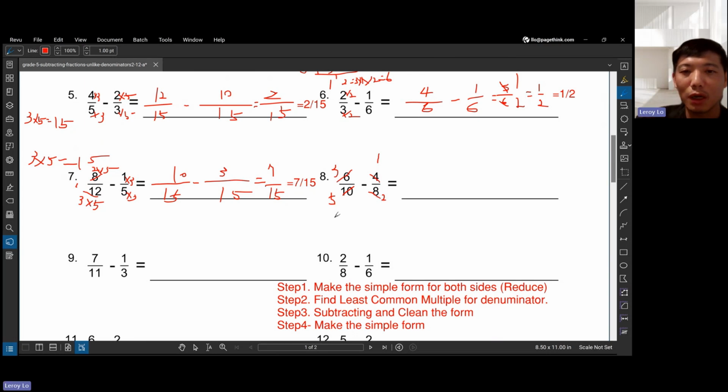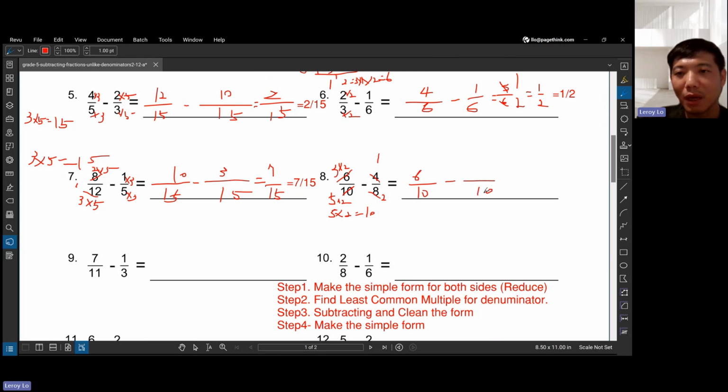So 5 and 2, I know the least common multiple, which is step 2. I just multiply together, I got 10. So from here, 5, how to get to 10? We times 2, and 3 we times 2, which gives you 6, minus 1 over 2.